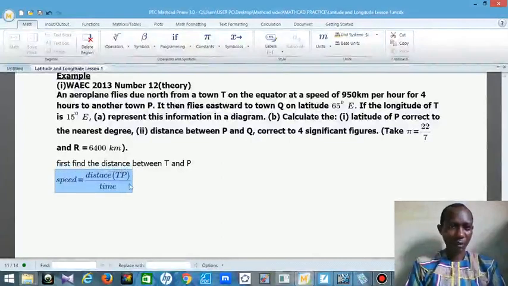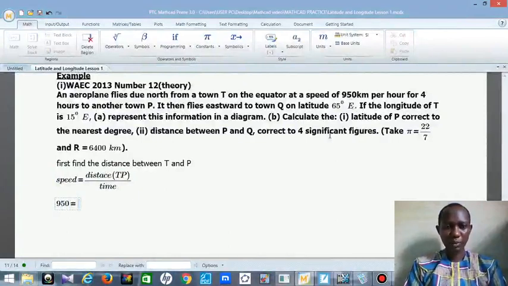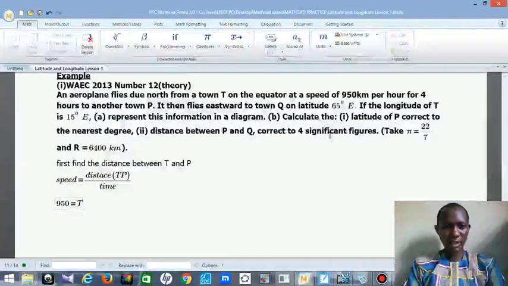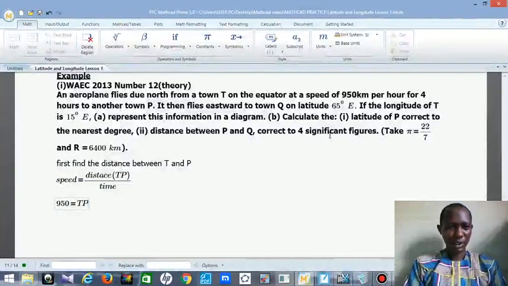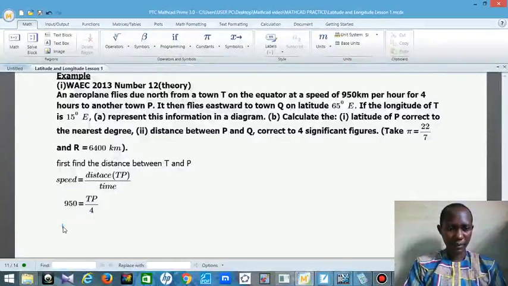Since the distance we need is between T and P, let's put distance TP divided by time. The speed is given in the question, 950. So we say 950 is equal to TP divided by 4. Then you can cross multiply to get our distance.